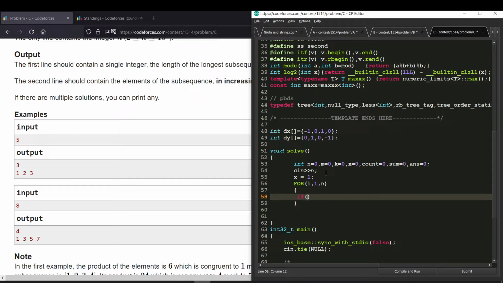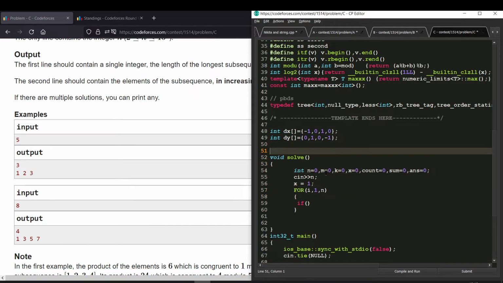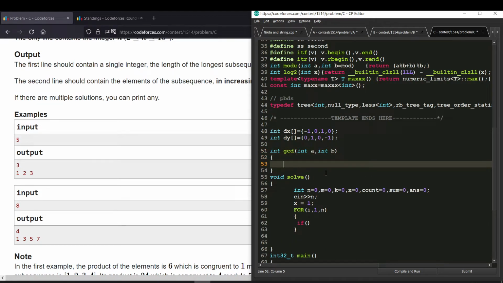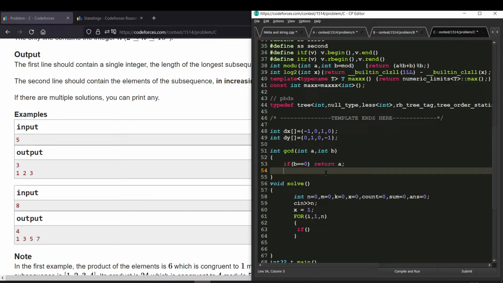So whenever the GCD, okay, we had defined GCD of a comma b will be nothing but, if the value b is 0, then return a. Otherwise, return GCD of b comma a modulo b.